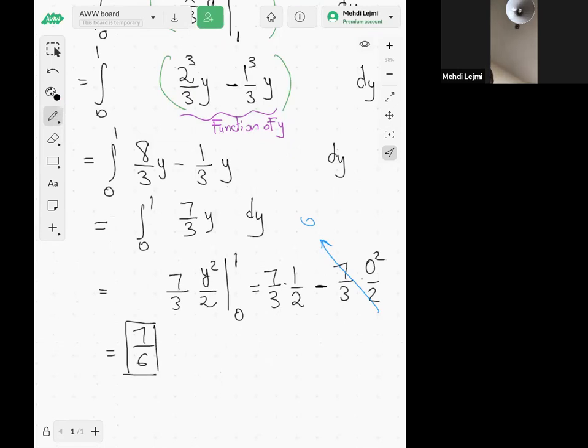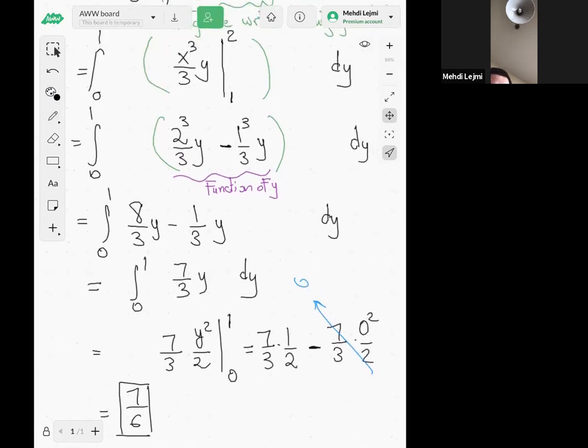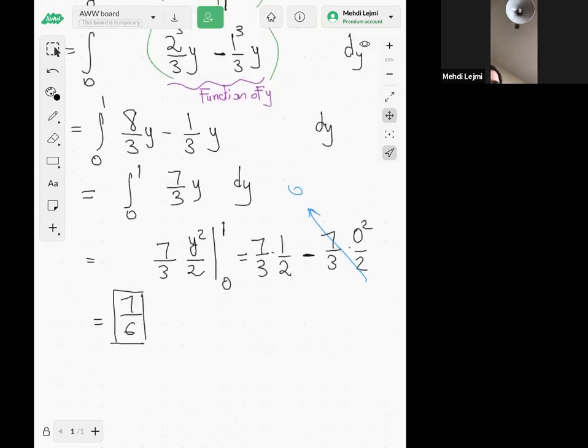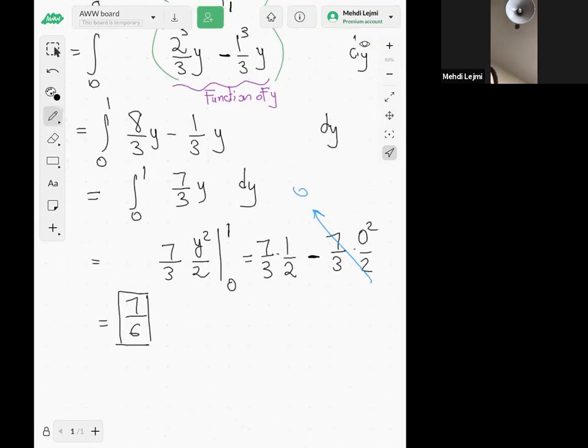So again, this 7 over 6 is supposed to represent probably the net volume of this. You have the x-axis, the y-axis, and the z-axis.